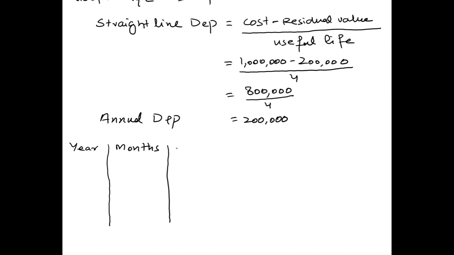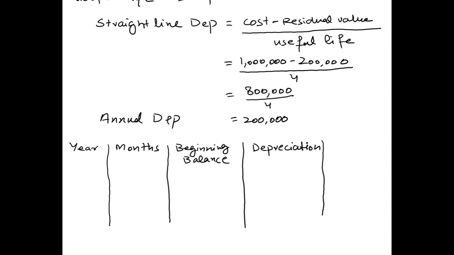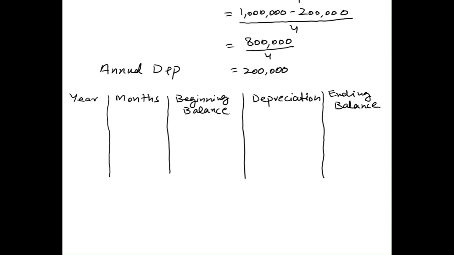The next one will be the beginning balance. Then depreciation. And then the last one will be ending balance. So let me draw a line here.